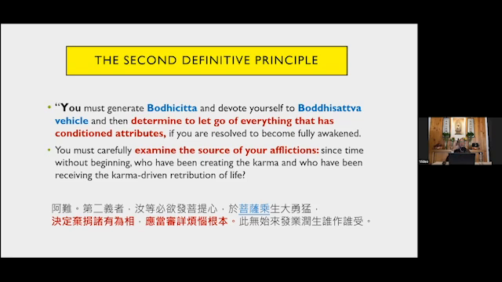Why do your mind and the money conflict, and you generate worry and suffering? Why does our mind, which is originally pure, grasp the form, whether it's body, environment, money, or people, so that it becomes our problem and we suffer? So we have to carefully examine the source of our affliction. That's the second definitive principle.